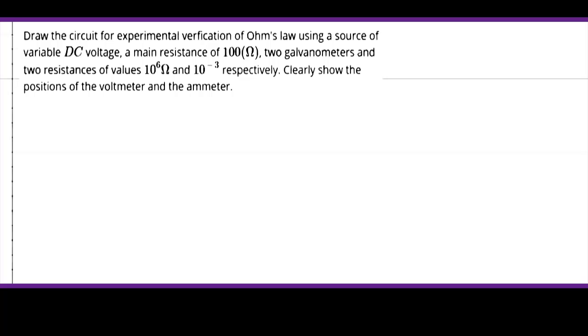Clearly show the position of the voltmeter and the ammeter. Now, in this question, we are asked to draw the circuit.